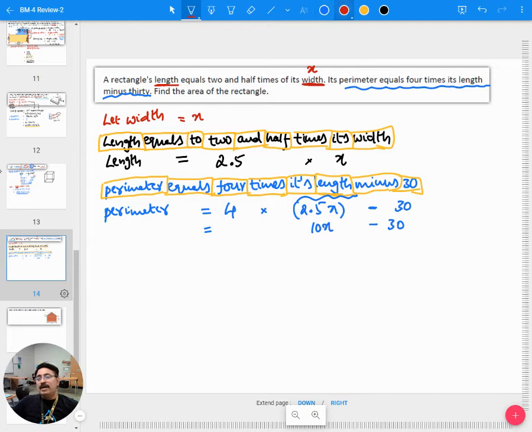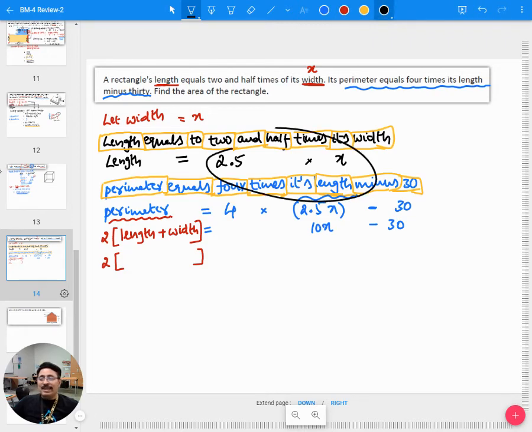But an important point we skipped, that is perimeter. What does perimeter mean? You know that it is twice length plus width. Now, let me plug in that twice length and width.